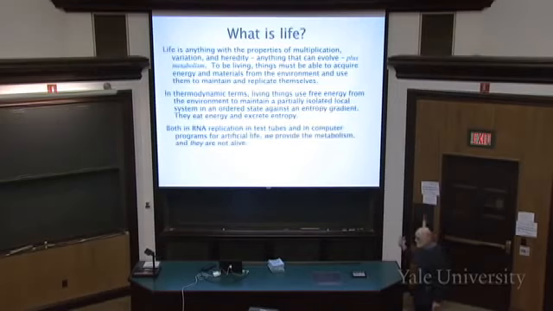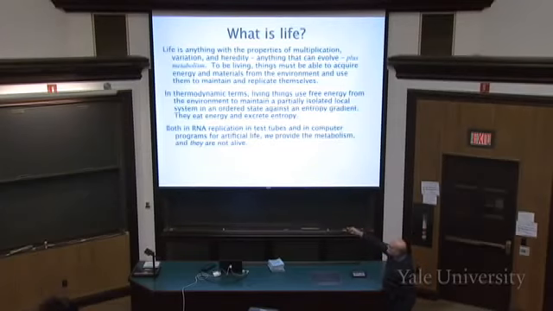Now, if you try to do experiments in the laboratory in which you're watching the evolution of RNA molecules, or if you try to do in silico experiments in the computer in which you are looking at the origin of structures, and that can get to be pretty sophisticated stuff, you're not dealing with a living system. That's artificial, because with the RNA, we're providing the metabolism. We're putting the ATP and the enzymes into the test tubes.